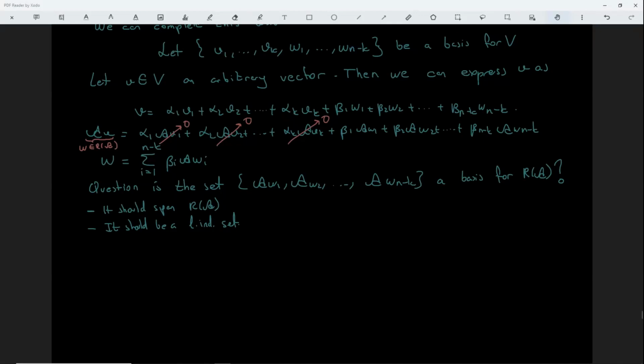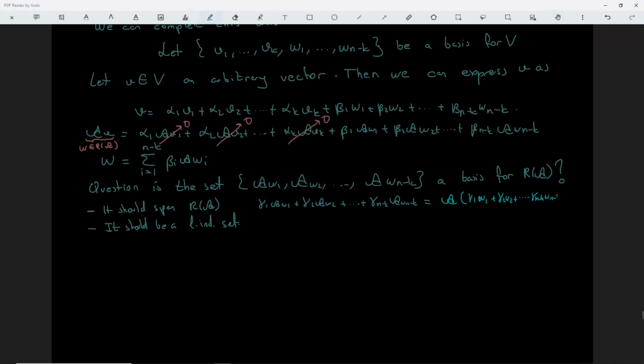And notice that if I get a linear combination of these vectors, let's say gamma 1 A W1 plus gamma 2 A W2 plus etc. gamma n minus k A W n minus k, that will simply be equal to A times (gamma 1 W1 plus gamma 2 W2 plus ... gamma n minus k W n minus k) by linearity.